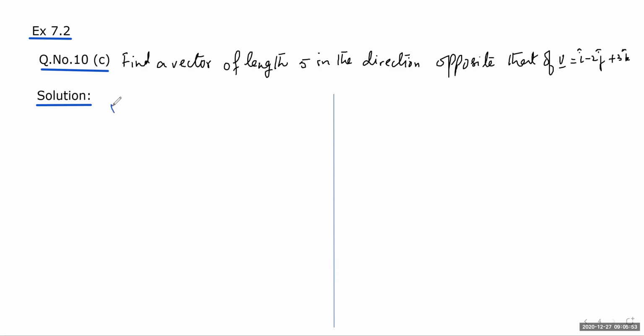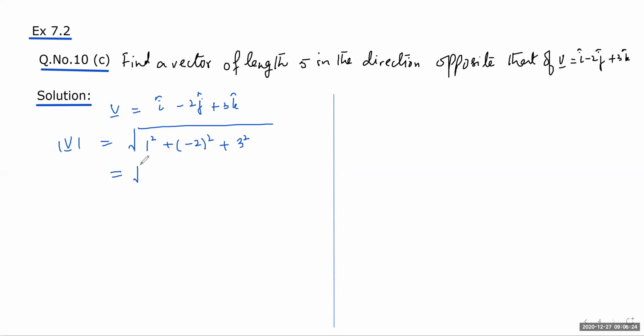Here the given vector V is equal to i minus 2j plus 3k, and then its magnitude becomes square root of the coefficient of i is 1, so 1 square, plus the coefficient of j is minus 2, so minus 2 square, and the coefficient of k is 3, so 3 square.